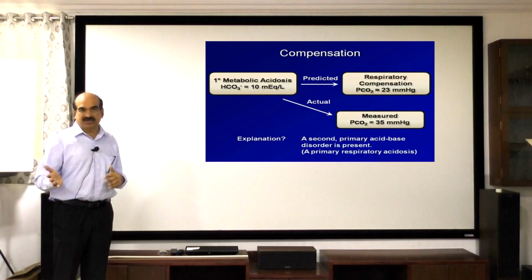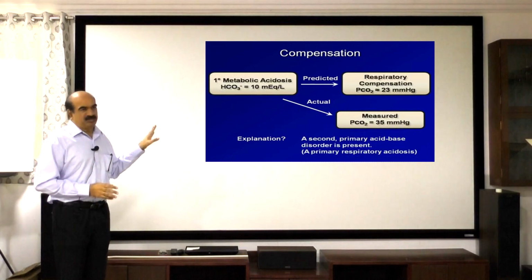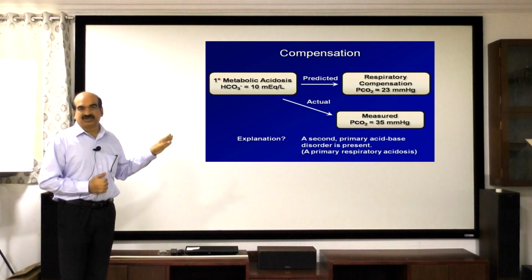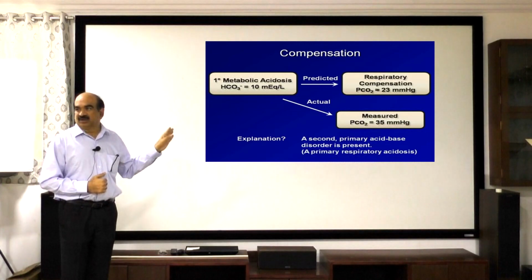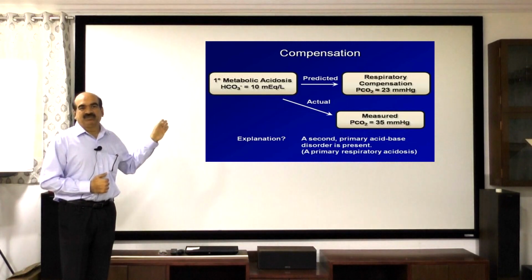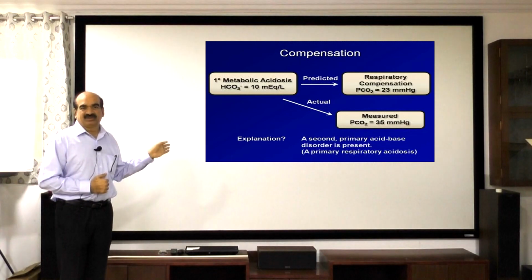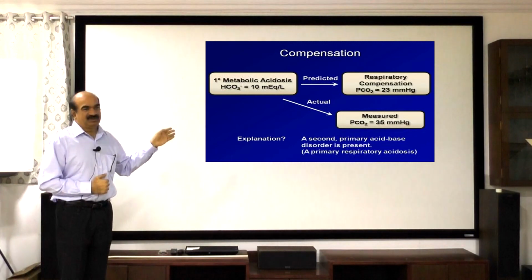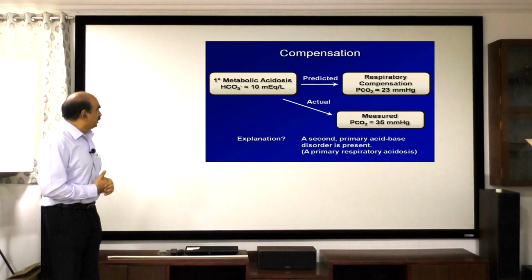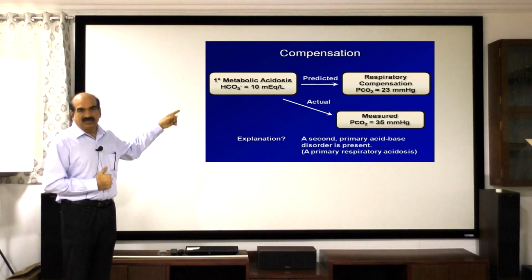But there is a simple formula for respiratory compensation in metabolic acidosis: add 15 to bicarb, bicarb plus 15. Even in metabolic alkalosis, add 15 to bicarbonate. So 10 plus 15 is 25.